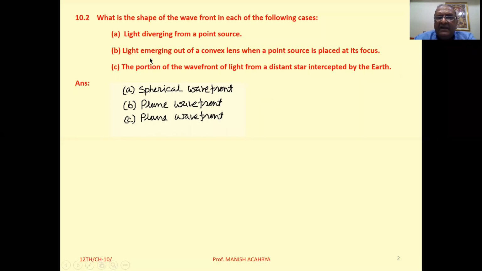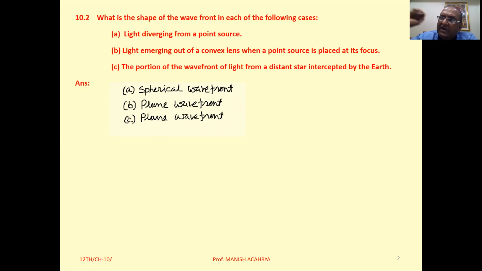B. Light emerging out of a convex lens when a point source is placed at its focus. When the source is at the focus, light emerging out of the convex lens will propagate up to infinity. So the propagating waves will be perfectly parallel to each other. So its wavefront will be the plane wavefront.